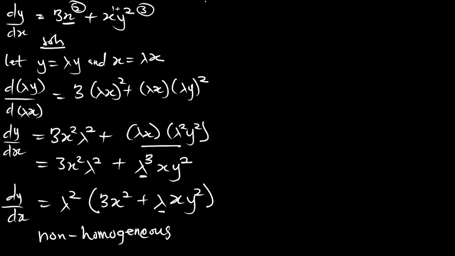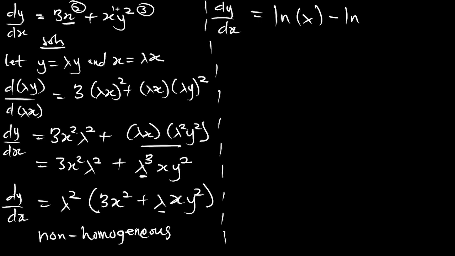Are we okay? Let's get our last example in this episode to test for the homogeneity. Now let's solve for this. dy/dx is equal to the natural log of x minus the natural log of y, plus x minus y on x plus y.